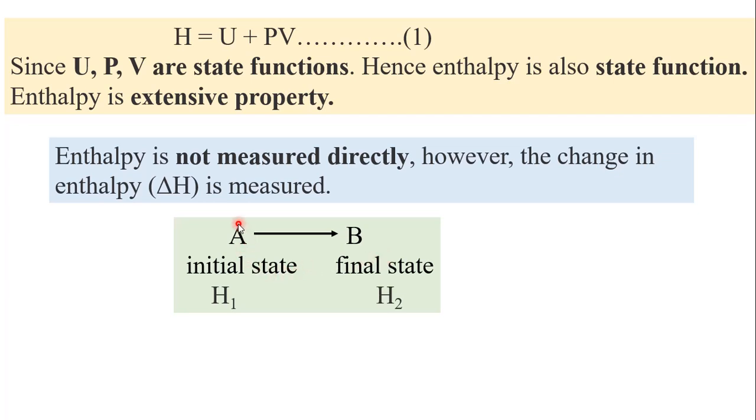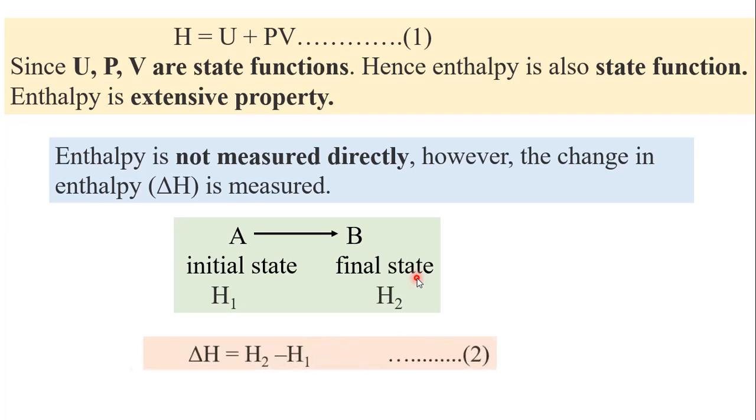Suppose the heat content of A, that is the reactant, in a chemical reaction is H1. That is, the enthalpy of A is H1. And the enthalpy of the product, that is the final state, is H2.